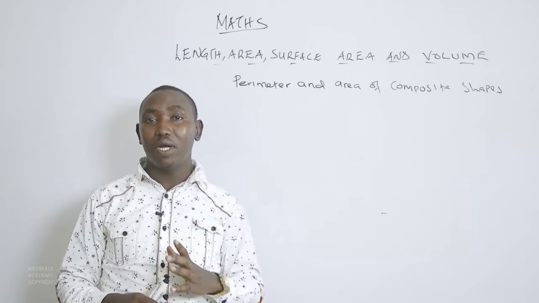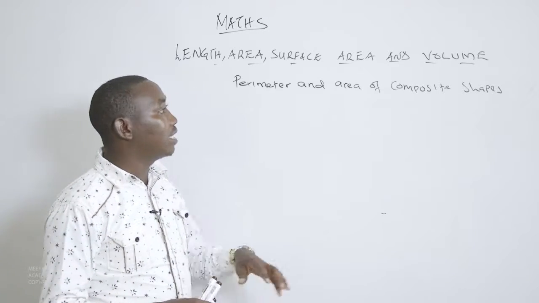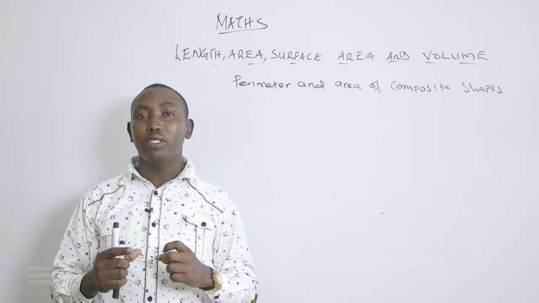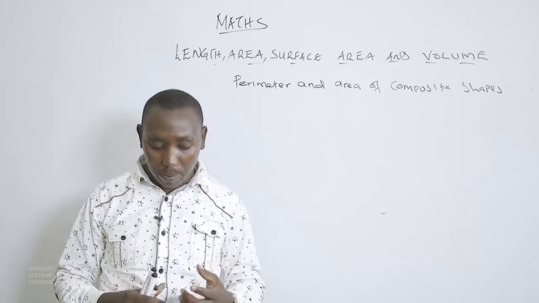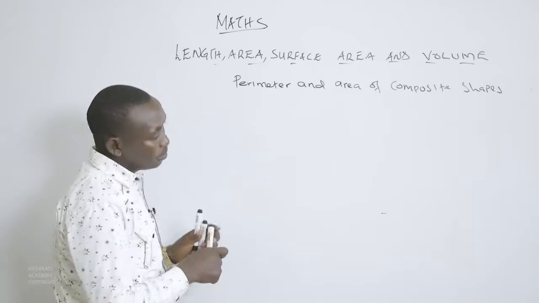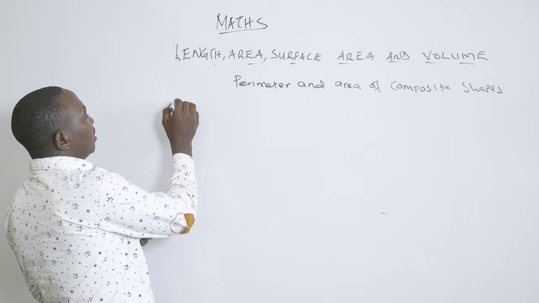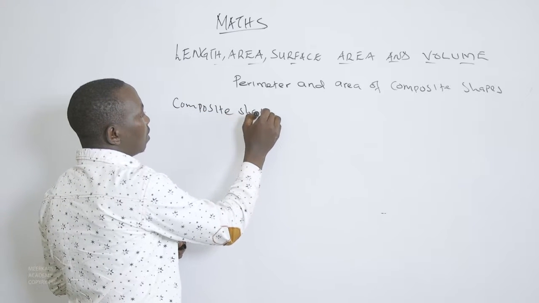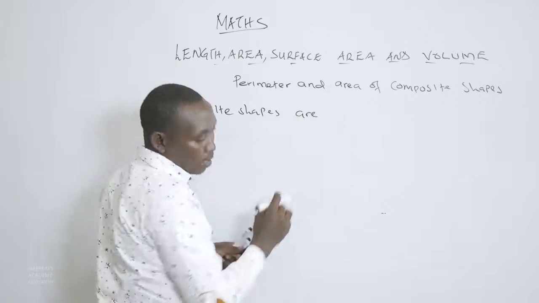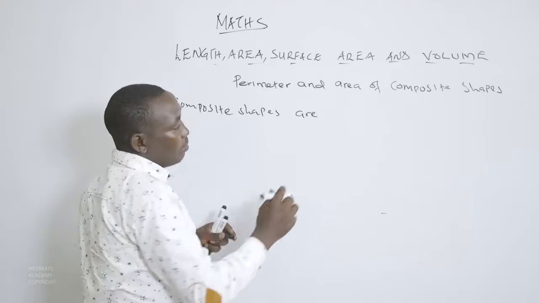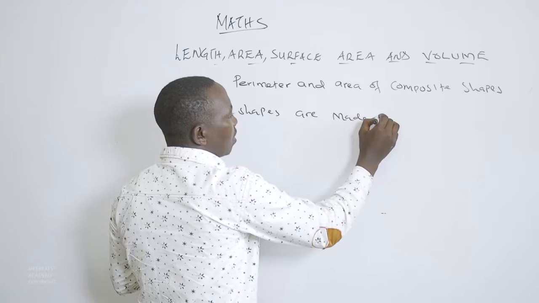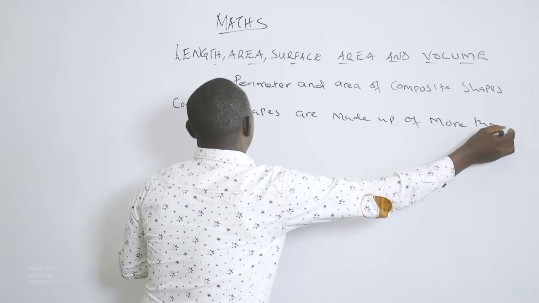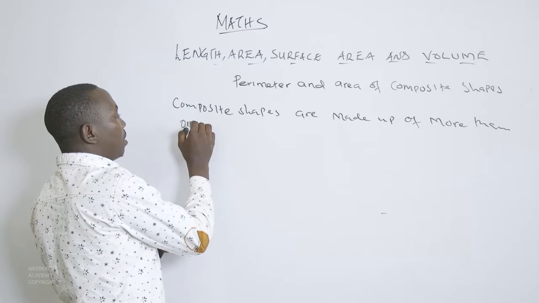It's important for us to understand at this juncture that composite shapes are simply figures that consist of more than one shape. That is, composite shapes are made up of more than one basic shape.